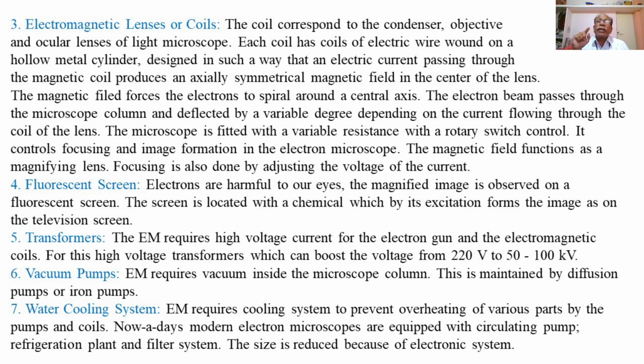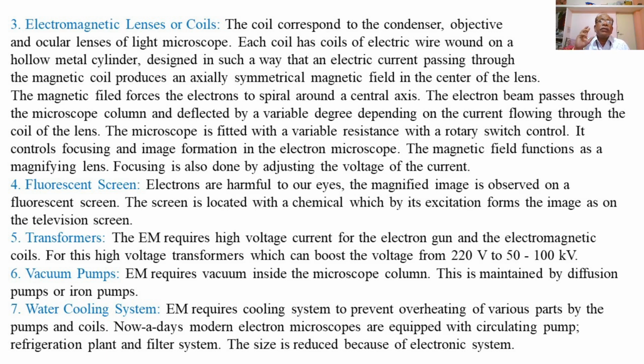Each has coils of electric wire wound on a hollow metal cylinder, designed in such a way that an electric current passing through the coil produces an axially symmetrical magnetic field in the center of the lens. The magnetic field forces the electrons to spiral around a central axis.